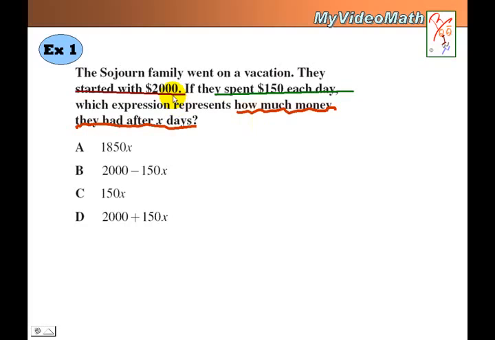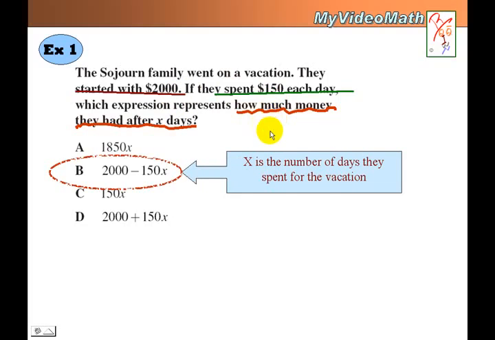Start with 2,000, spend $150 a day. Therefore, for a number of days they spent on vacation, $150 times X was taken away from that initial $2,000. That would be the answer.